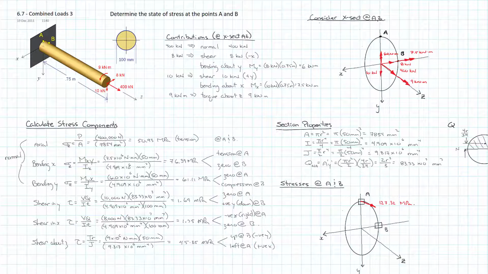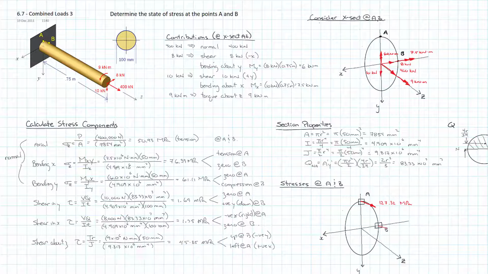And I'm going to do my normal stresses at B, and so we have the 50.93 megapascals tension due to the axial load, and the next one is the 61.11 megapascals compression at B due to bending about the Y. So we have to do the 61.11, subtract the 50.93, and that gives us a value of 10.18 in compression.